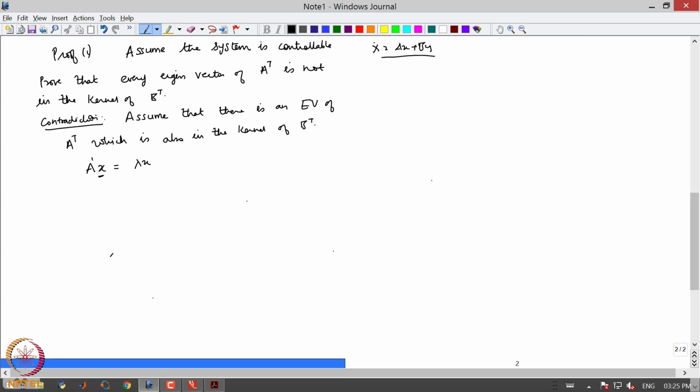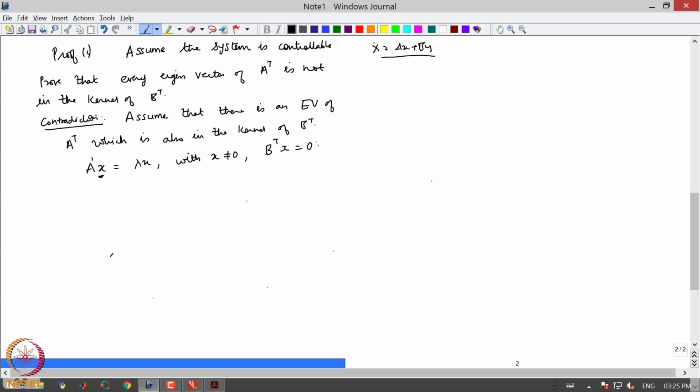This is just the eigenvector, nothing to do with the state. Okay, with x not equal to 0. Now, if this eigenvector of A transpose is in the kernel of B transpose, then it will satisfy this expression, B transpose x is equal to 0.